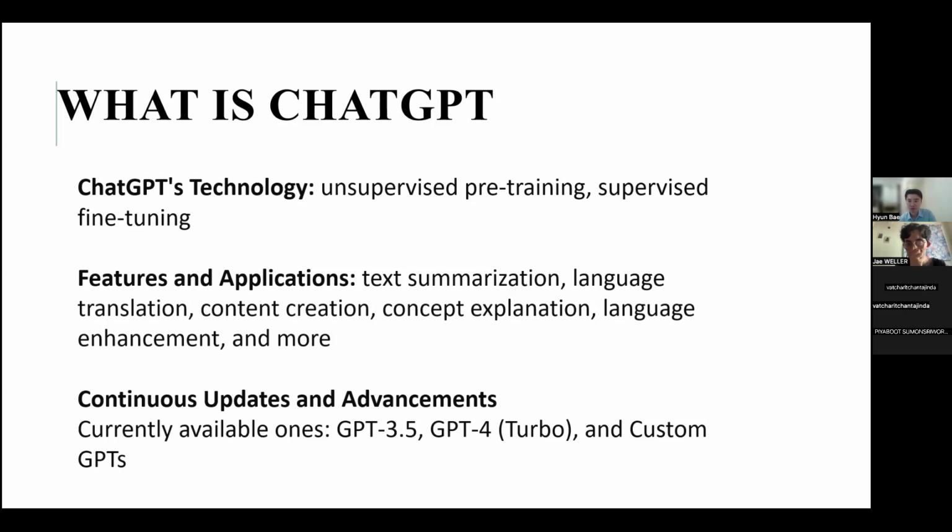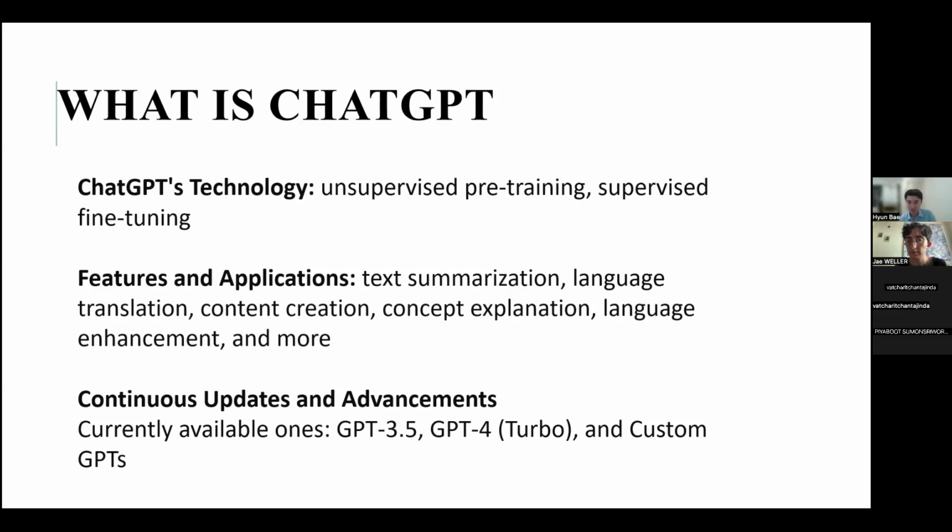And there's continuous updates and advancement in ChatGPT. OpenAI, the developer of ChatGPT, continuously updates GPT. In 2023, OpenAI launched ChatGPT 4. It's a significantly advanced model than its previous one. It's capable of processing both image and text inputs, and now GPT has been updated to GPT-4 Turbo.